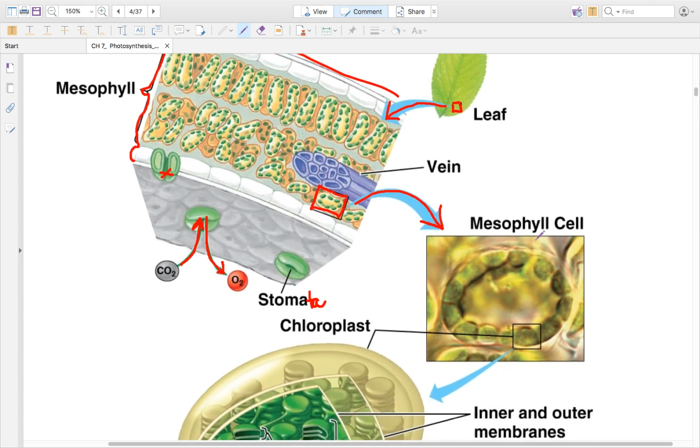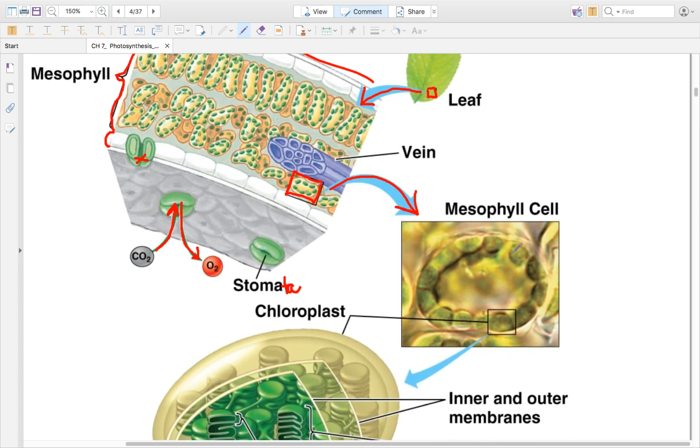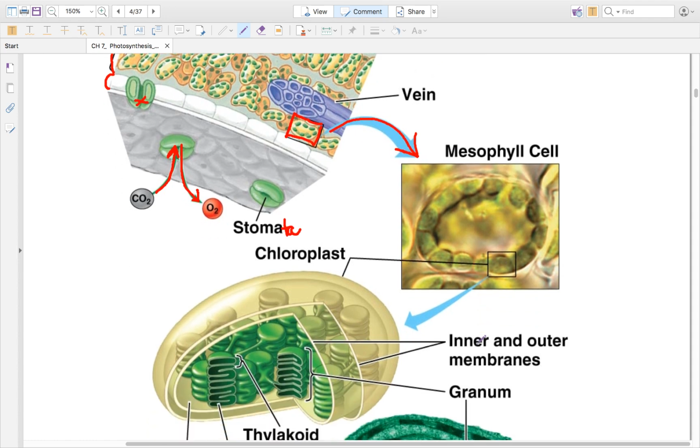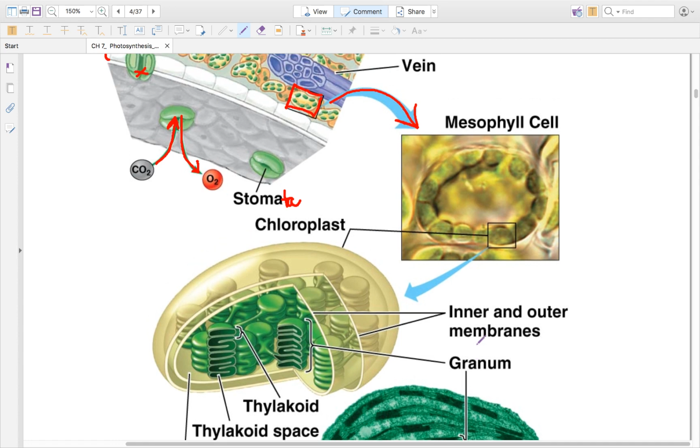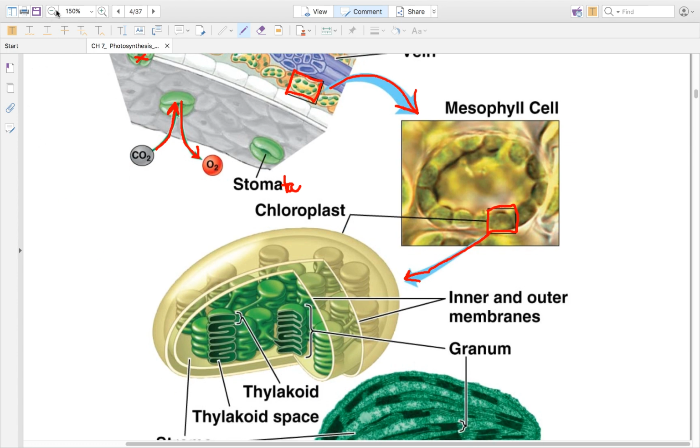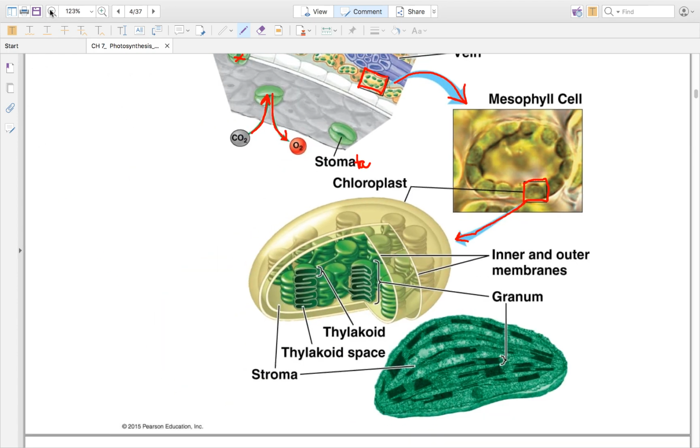Let's go on. See this mesophyll cell? It's got a whole bunch of little tiny green things in it. Wow. Those little green things are the chloroplast, the site of photosynthesis. So pay attention to how they've boxed out one chloroplast and now they've given you this new diagram. Actually, I'm going to go to a different picture here.